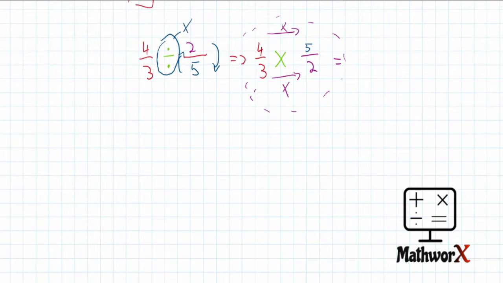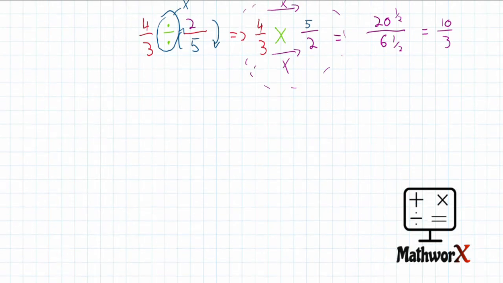So 4 times 3, sorry, not 4 times 3, 4 times 5 is 20. All over 3 times 2 is 6. So 20/6, which is also equal to 10/3, because we've halved the top number and we've halved the bottom number. Alright, we'll do one more.